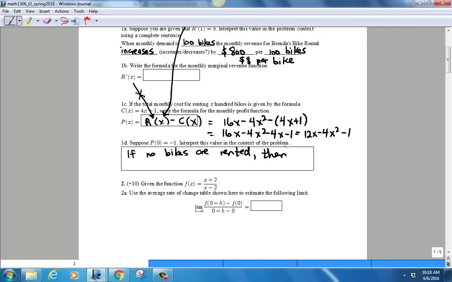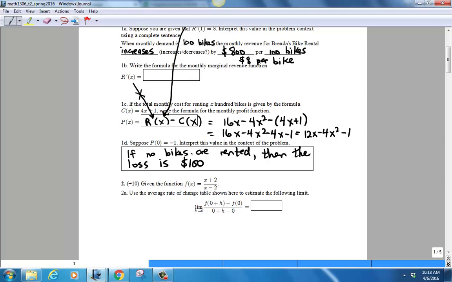So if no bikes are rented, then the loss is $100. You could say it that way. Or you could have said the profit is negative 100. I would have accepted that also. Okay, all right. Of course, negative profit is a loss. So just a very straightforward interpretation in that case, all right?